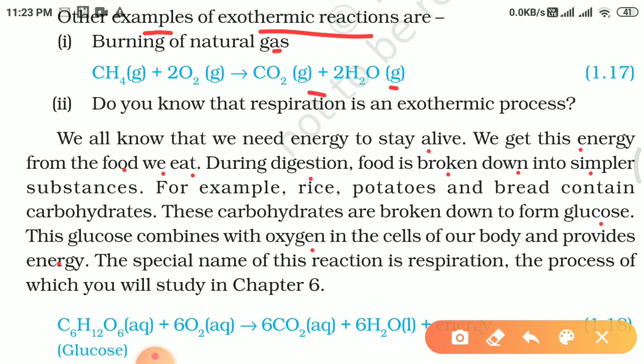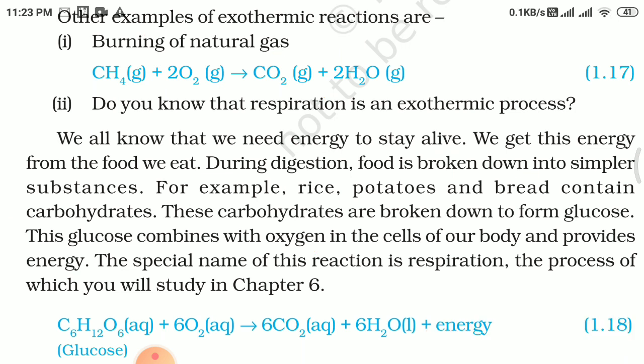The process here is C6H12O6, glucose, plus 6O2 gives 6CO2 plus 6H2O plus energy, and this energy is used for our daily activities. Then the decomposition of vegetable matter into compost is also an example of an exothermic reaction.